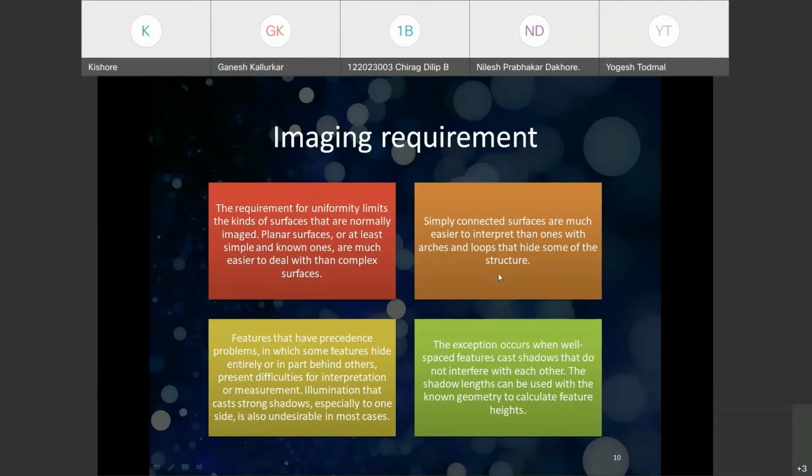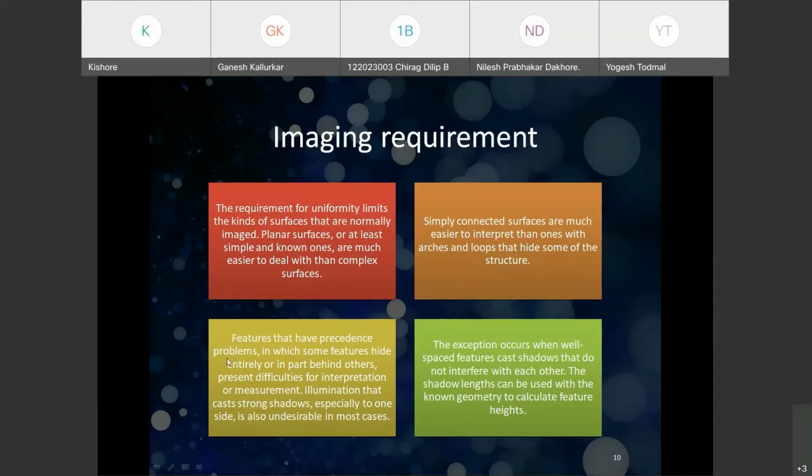In that case it becomes difficult for us to interpret the actual nature of the surface. Then we'll probably need to slice the topology and stitch it back to have a proper understanding of it.